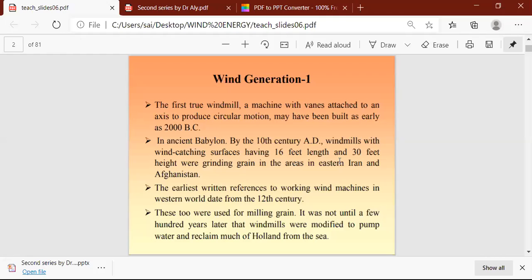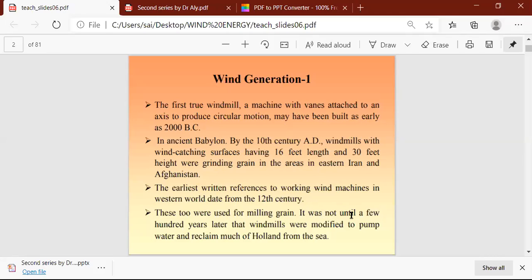In that area, in the 10th century, these machines were used for wind generation. Okay. Also, wind machines were used in the 12th century. These too were used for milling grains.